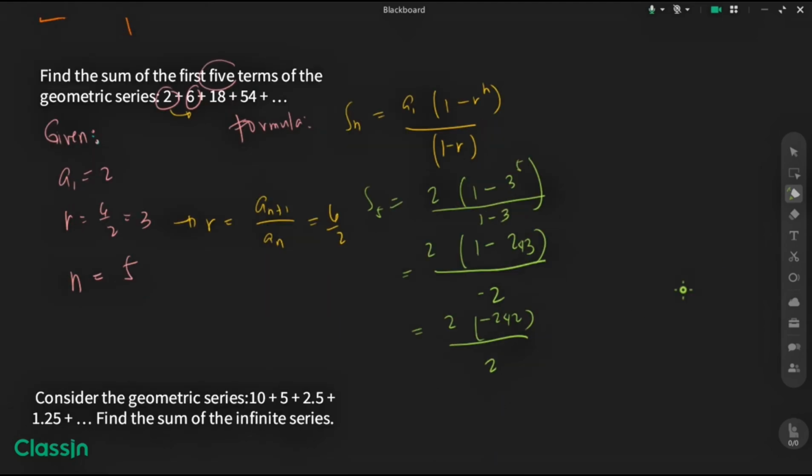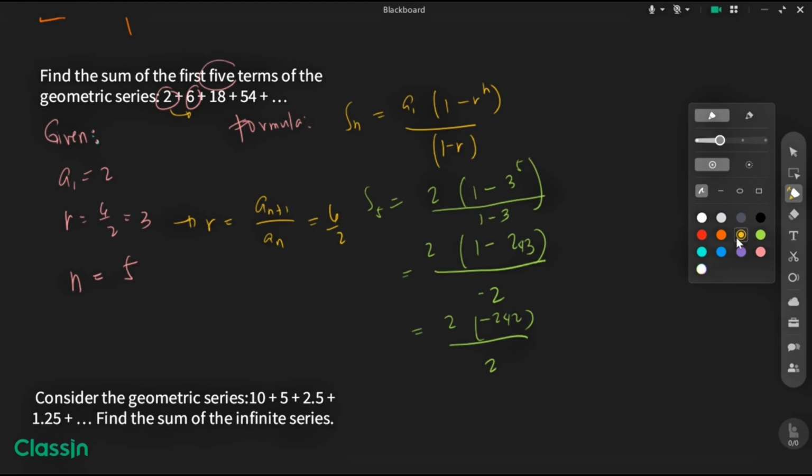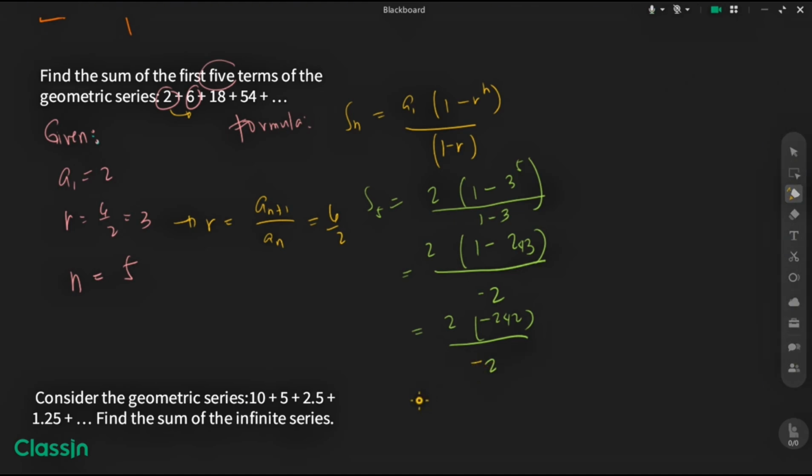So our answer, S sub 5, will be 242. The sum of the first 5 terms of the geometric sequence will be 242.